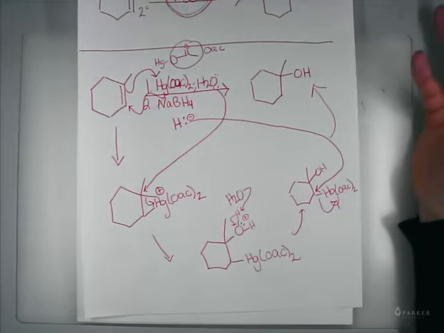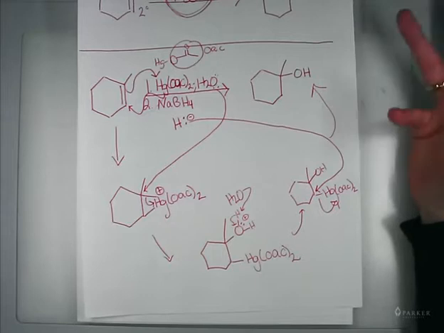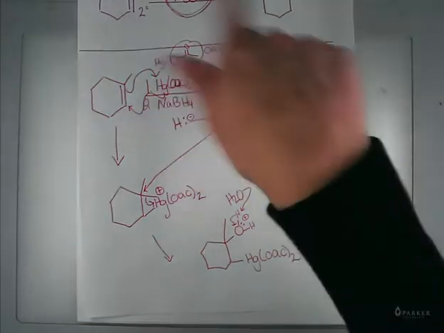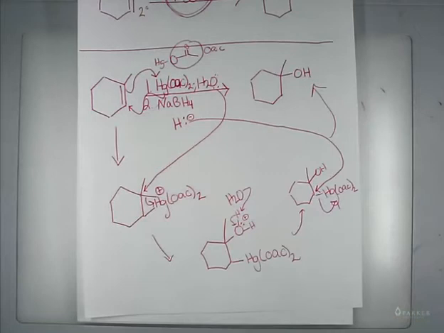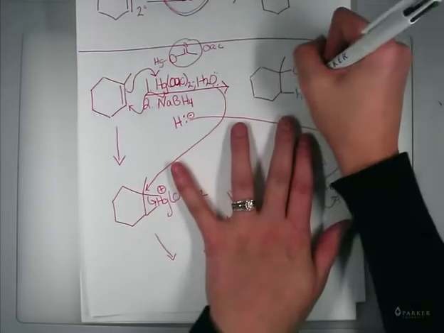Okay, and then was this Markovnikov or anti-Markovnikov? Markovnikov. What would be on the arrow or below it if it was anti? H2O2. One other thing to know about this reaction, it adds what we call anti, meaning, let me draw that hydrogen in.